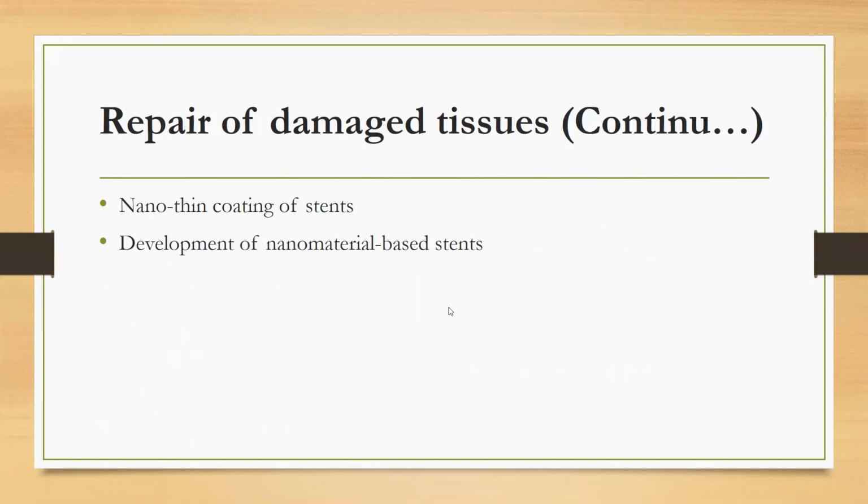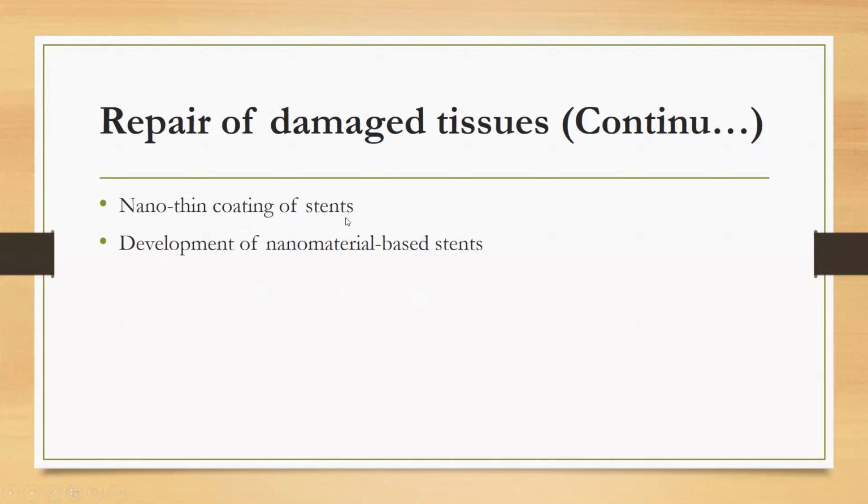Then nanomaterials could be used in this area. Nanomaterials could find some solutions. They could have promising applications in the repair of the damaged tissues. So how could this happen? Number one, they can be used as nano thin coatings of the stents.